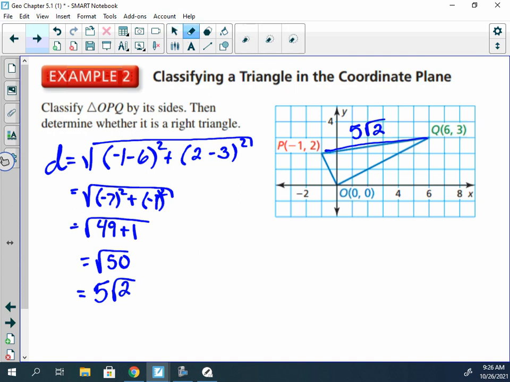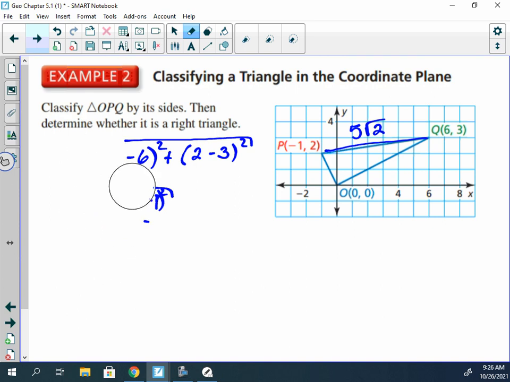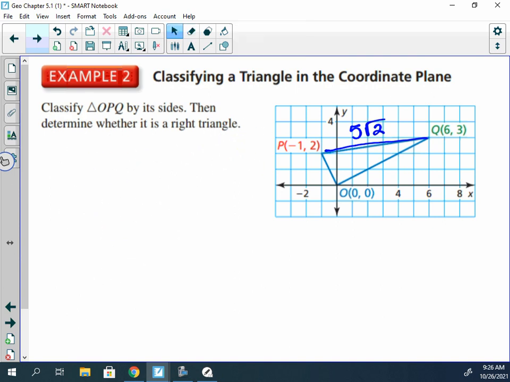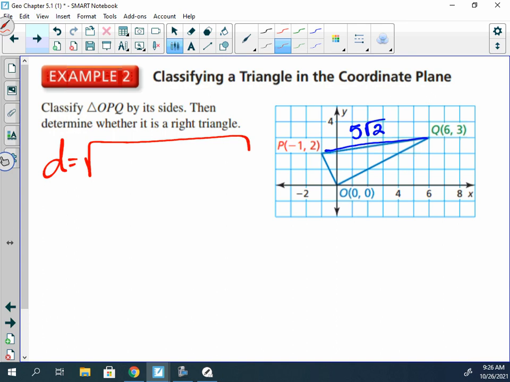Okay, well, I'm going to erase this because I don't quite have the space to have all of them up at once. We're just going to use the distance formula again, and we can just say from P to O. So we're going to put our x values, subtract them squared, plus our y values squared.